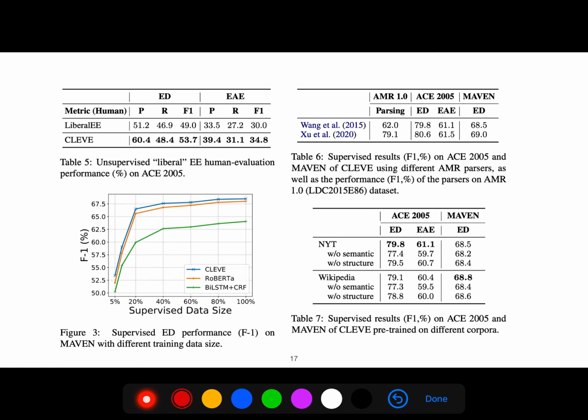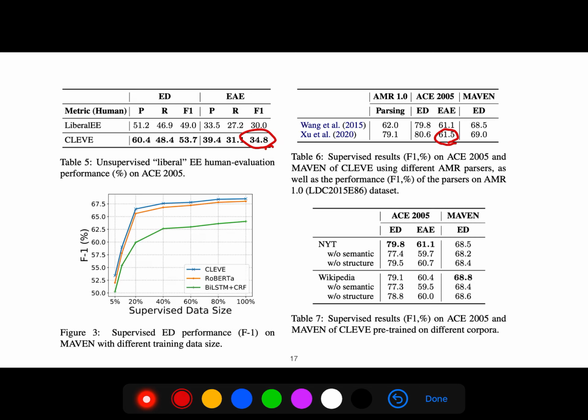For the supervised results, the F1 score is, for example, 61 in 2020. For CLEVE, the F1 for EAE is 34%.